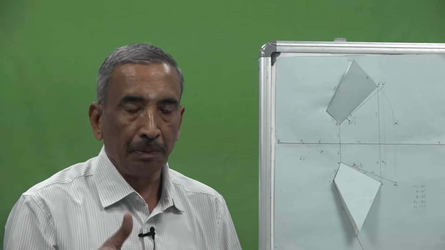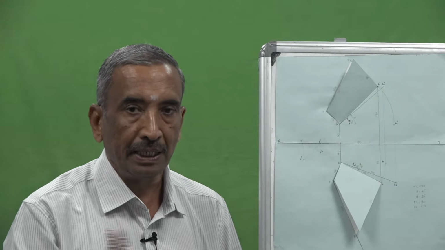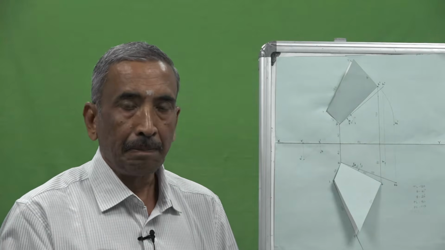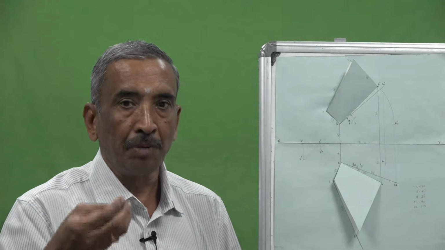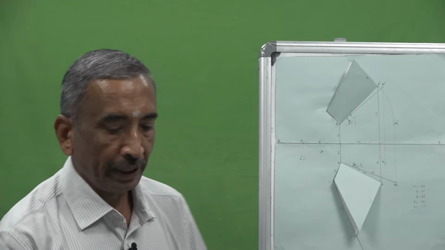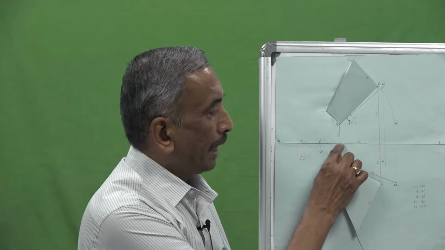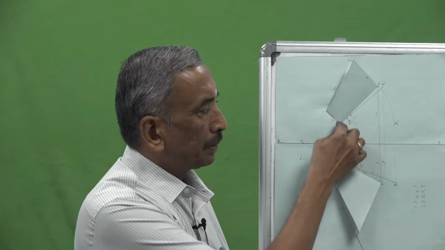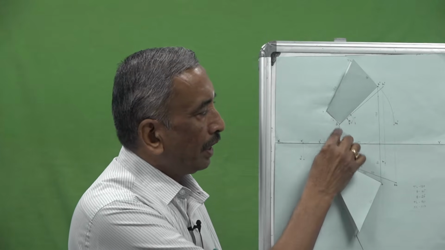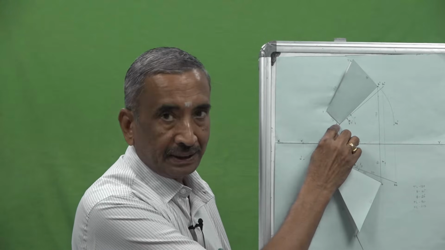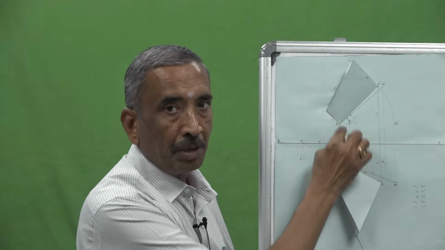Distance between end projectors A and B is given as 80 mm. Next, the point A is 40 mm above HP. So you can see here from the XY line on the projector line of A, locate the point A dash which is 40 mm above HP.